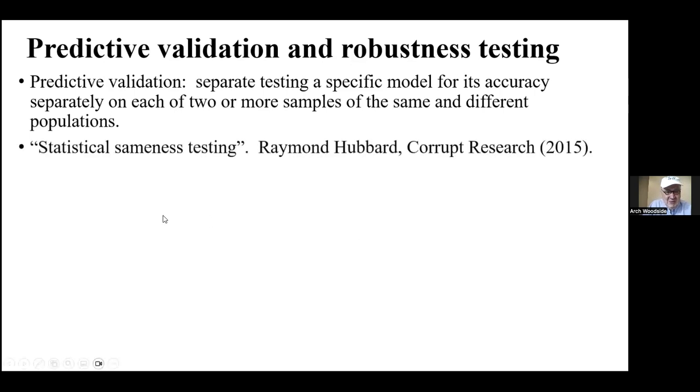This is sometimes called, at least Hubbard would like to say that we ought to call this, statistical sameness testing. And he recommends using this approach versus statistical significance testing. And I do recommend his book, Corrupt Research. It's a very good book. The only problem with it is there are no numerical examples in the book. It would have been a home run in terms of the contribution if it had numerical examples.